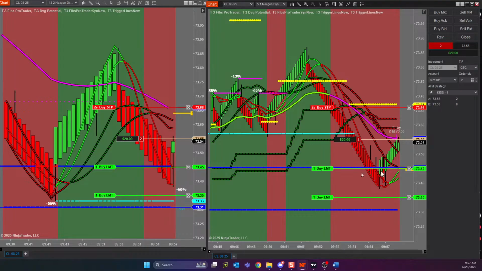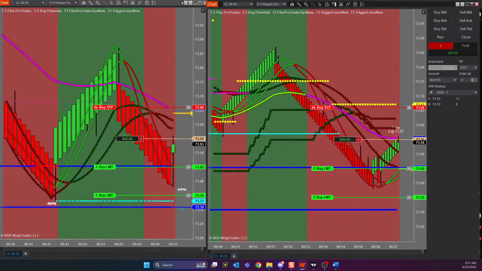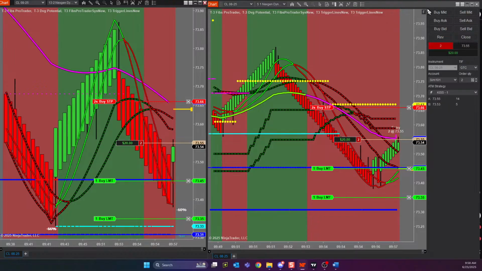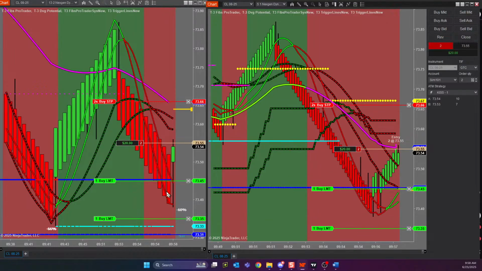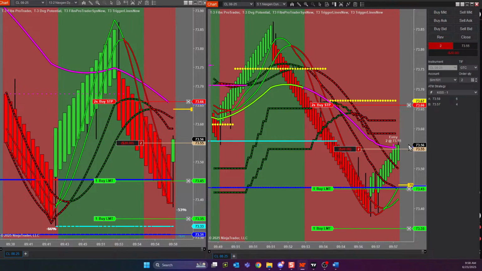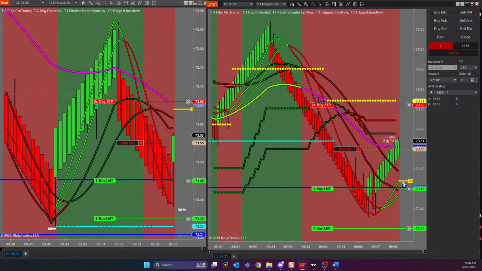I've got my first target right at the fib that is not broken, and I've got my second target at 200. And guys, now we're powerless. We have momentum, we have the potential to break, we have a clearly defined area. Now we either need a reversal bar in the direction of the trade, or we need to get stopped out. This is a good look.